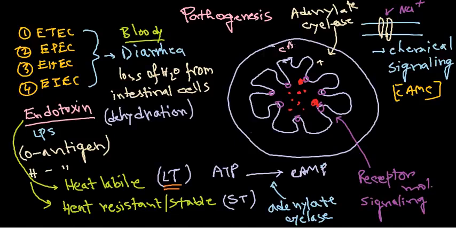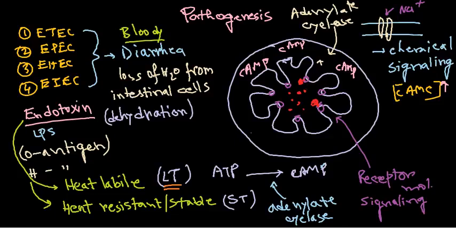So more cyclic AMP inside. As the concentration of cyclic AMP gets higher, remember we have already talked about it, in those cases it will trigger the release of sodium, chlorine, as well as water from this intestinal cell outside into the gut.